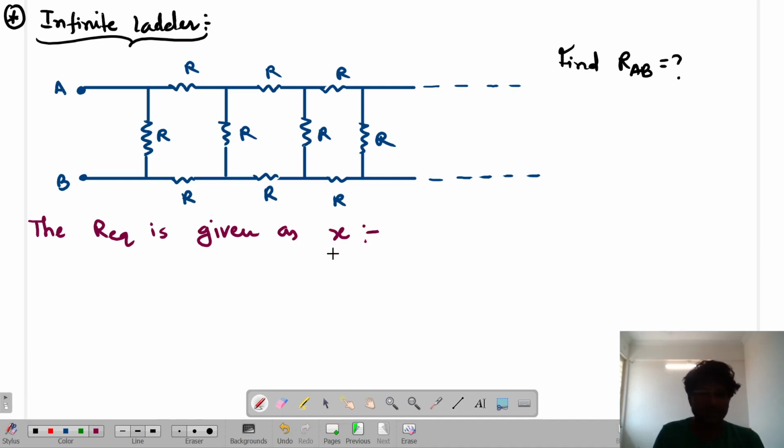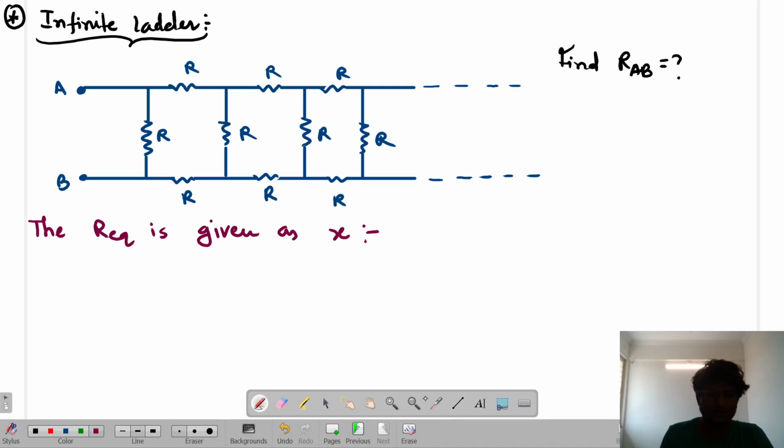So basically the result will also be x, because if I add every r till infinity, I'll get x if the resultant is x. So infinity times, if I also add, I'll get the net answer as x also. Isn't it? Are you able to get me? So let's suppose here the simple path, the R between AB is x, which I have to calculate, which is the answer for the infinite resistance, isn't it?